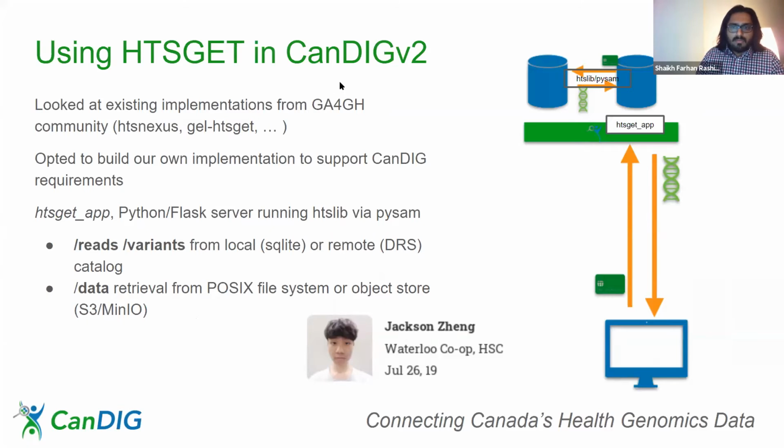And now from the actual genomic streaming and genomics data access side, we were looking into using htsget, and we initially used existing implementations from the GA4GH community, primarily htsnexus and Challe htsget, but during that development and implementation process, they didn't exactly fit with all of the requirements that we had in our development.